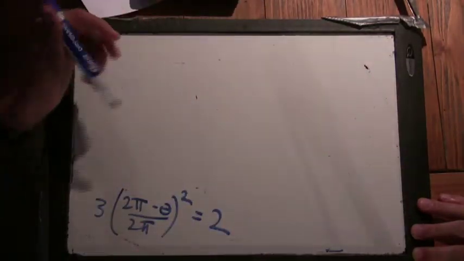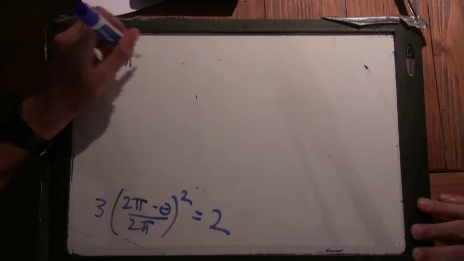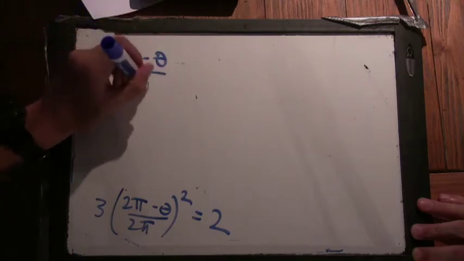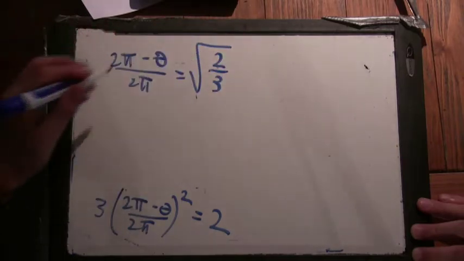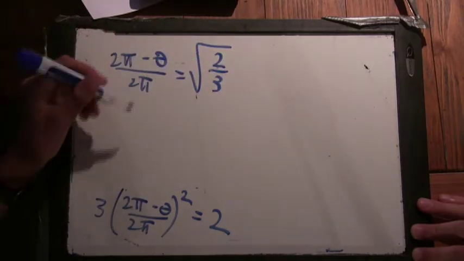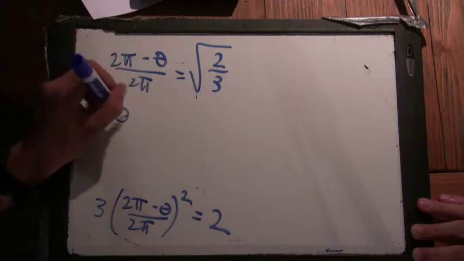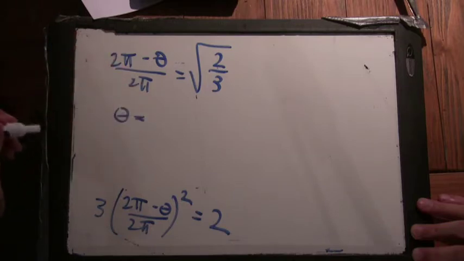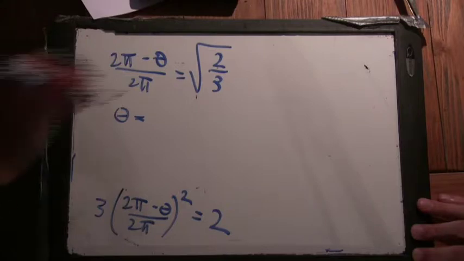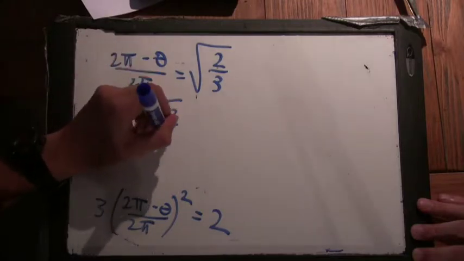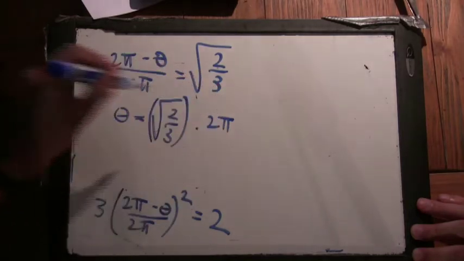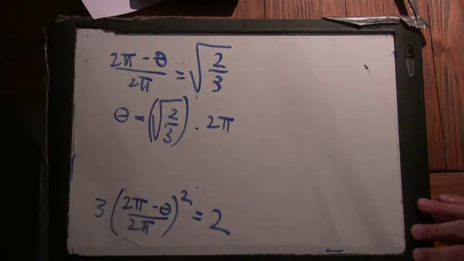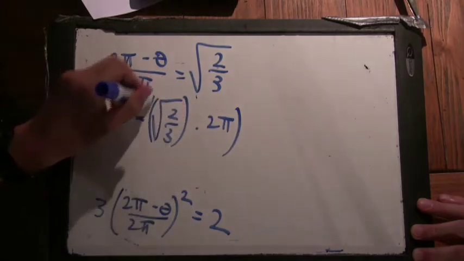So 2 pi minus theta over 2 pi equals square root of 2/3. So theta is going to be root 2/3 times 2 pi, in parentheses.